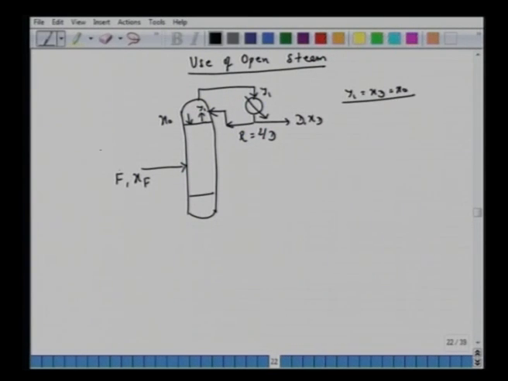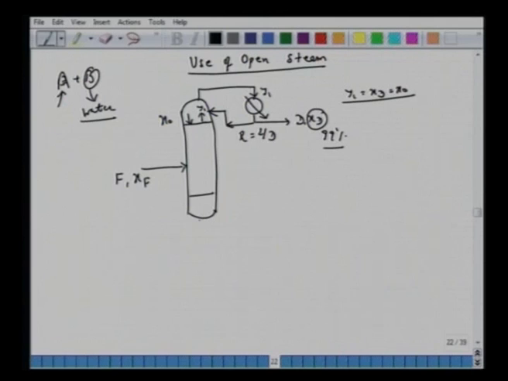Now the system which we have here is, let's say, A plus B. B is, let's say, less volatile, is water, and A is more volatile, some different component here, which is going to be distilled as a top product. So you will expect that this XD is very highly rich in A, let's say it's 99% here.